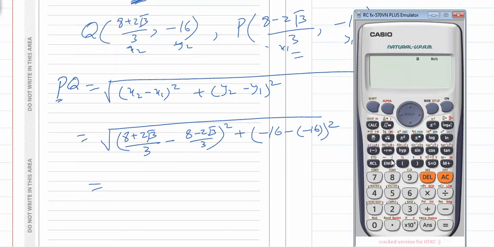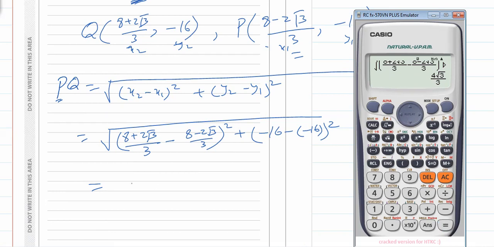So now it will be square root of, in the brackets you have 8 plus 2 square root of 3 divided by 3 minus 8 minus 2 square root of 3 divided by 3, their whole square, and this factor clearly will become 0. So just solve that one.